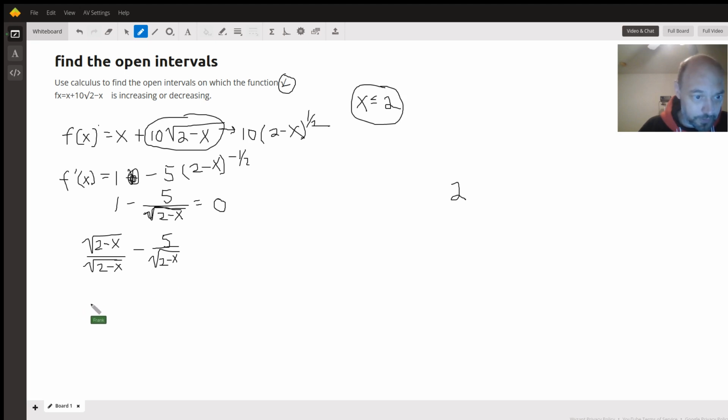If I can find where it's equal to 0, that gives the other critical points. So that gets rewritten as square root of 2 minus x minus 5, all divided by square root of 2 minus x. They're both over the same denominator.